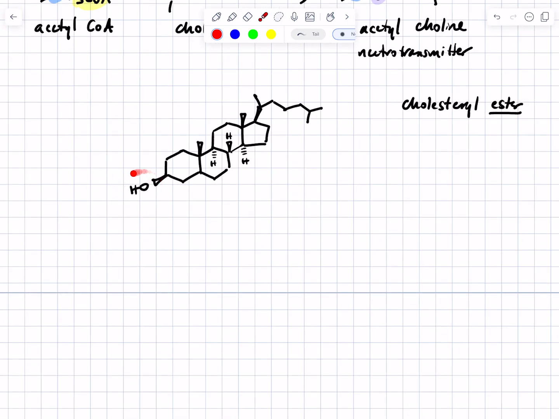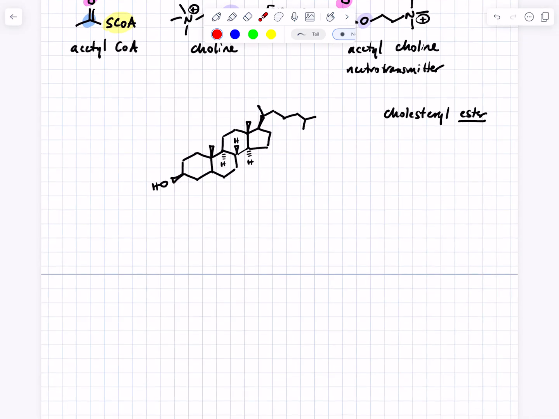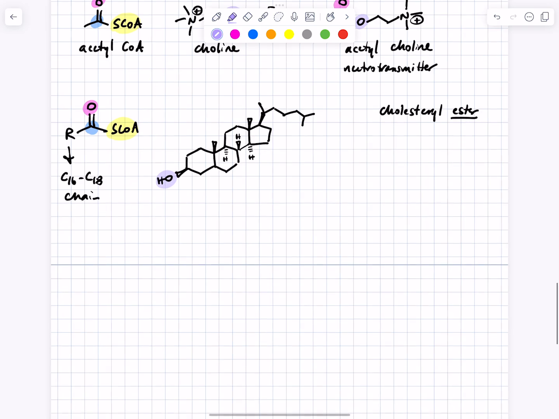Before it does that, it needs to get rid of this polar OH group, and the way we're going to do that is acylate it. So nature takes a coenzyme A acyl group, where the R group here is a C16 to maybe C18 chain, overall even numbers of carbons. I should include the carbonyl carbon and all of that, but that's a detail that doesn't matter today. Again, you have a carbonyl carbon and a leaving group, and this oxygen is going to be the nucleophile.